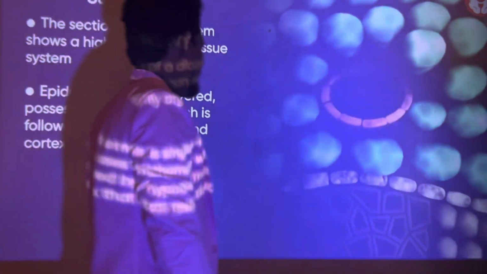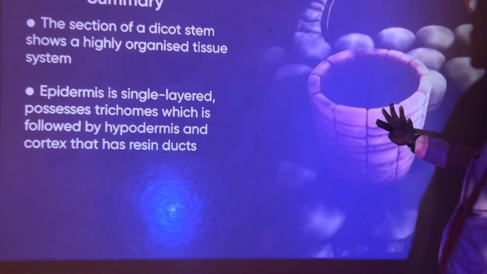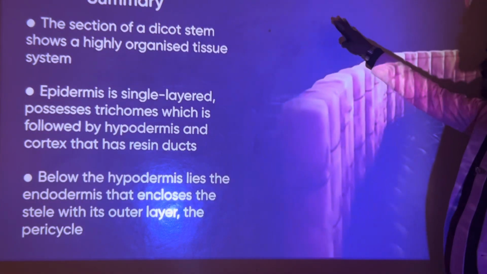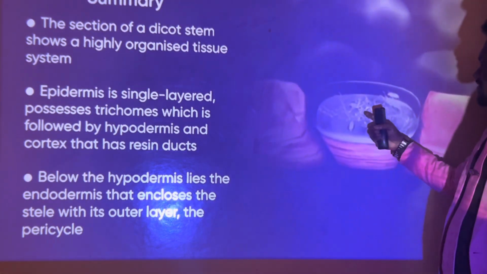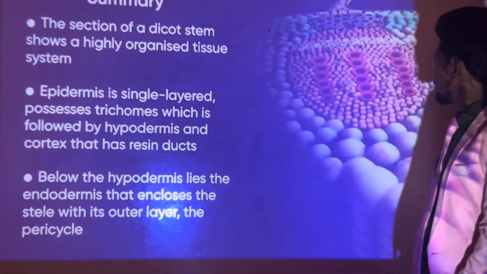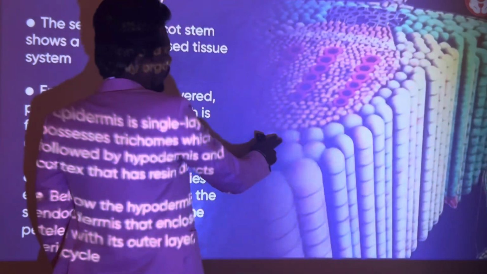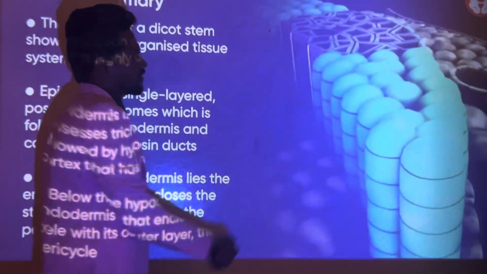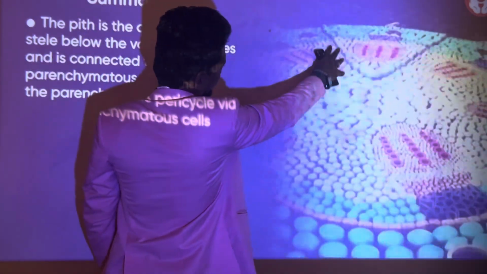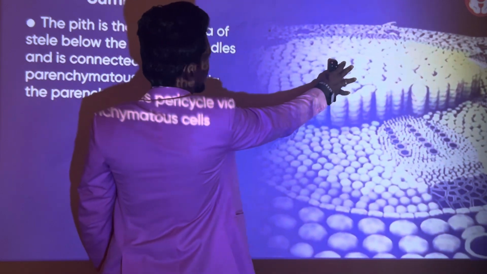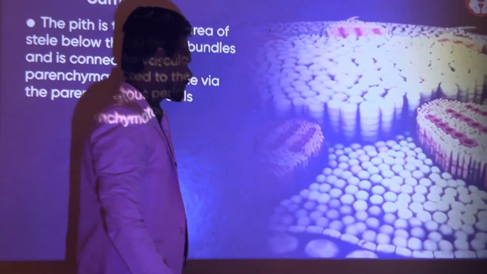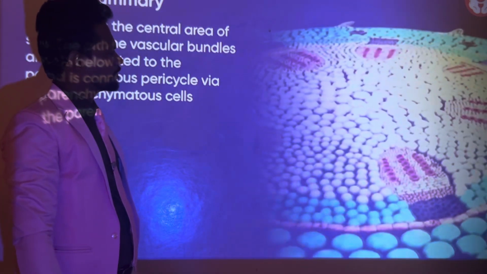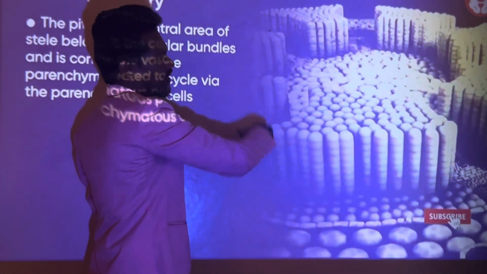Single layer epidermis, resin ducts are present, that is trichome. This is endodermis or starch sheath because starch grains are formed. Xylem, phloem, conjoint, collateral, open, pericycle, well developed medulla or pith, medullary rays are formed for lateral conduction purpose.